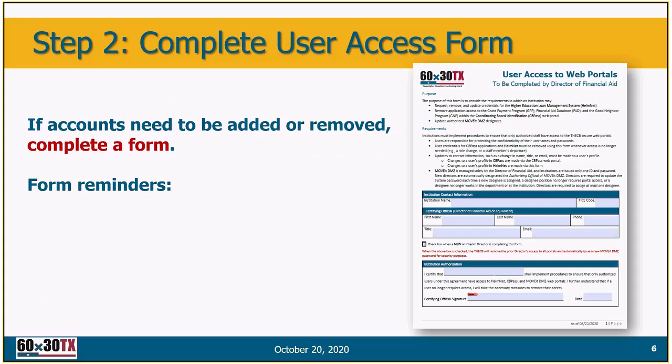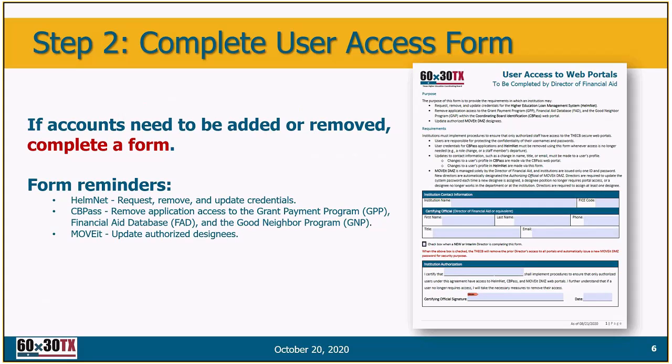Also on the form, some reminders is that for different portals, there's different access that can be updated. So for, I don't know why they're out of order, so I apologize. Helmnet, you can request, remove, or update credentials, and I'll be showing you that section. CBPass has multiple applications within it, and so depending on your role, you may have access to different things.